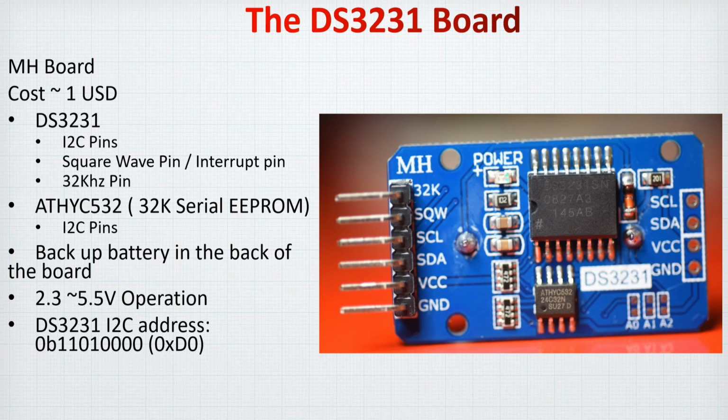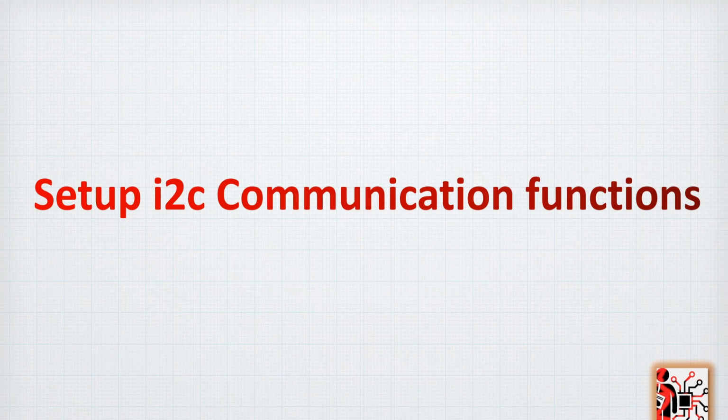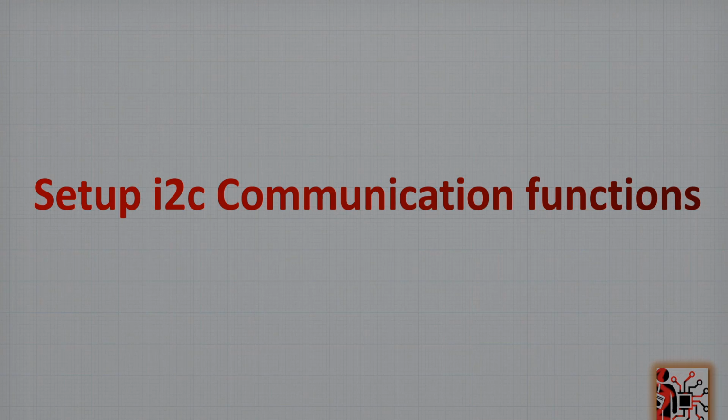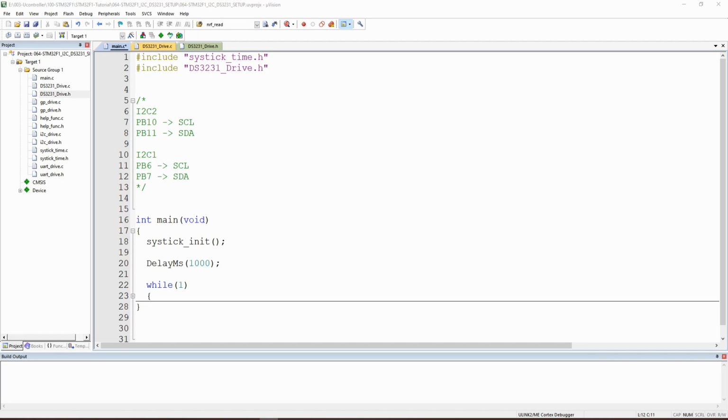Okay, so we had a quick review of this small device. We can now jump in and create the I2C communication functions. So let's start with a review. This is our starting point. I prepared the file with some libraries: the GPIO driver, the helper functions because we need to manipulate a little bit of strings, the I2C functions, the systick, and the UART that we are going to use later on.